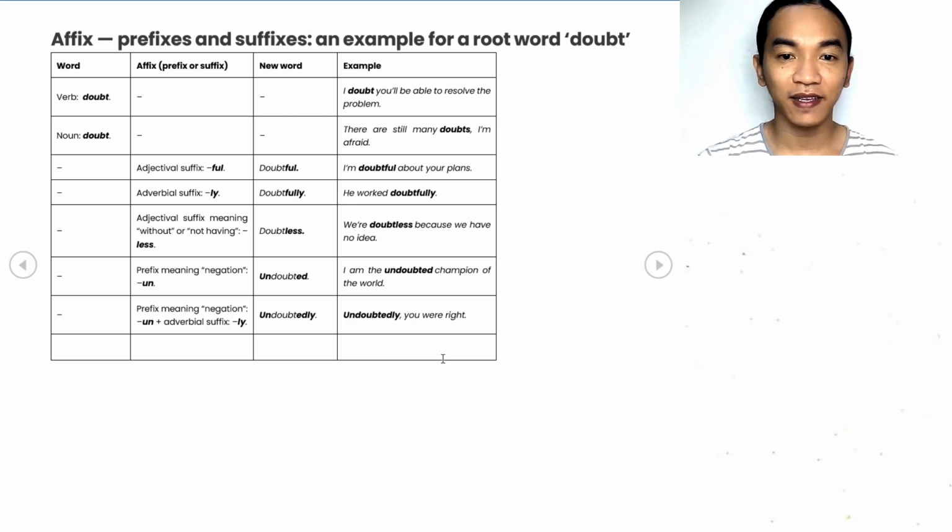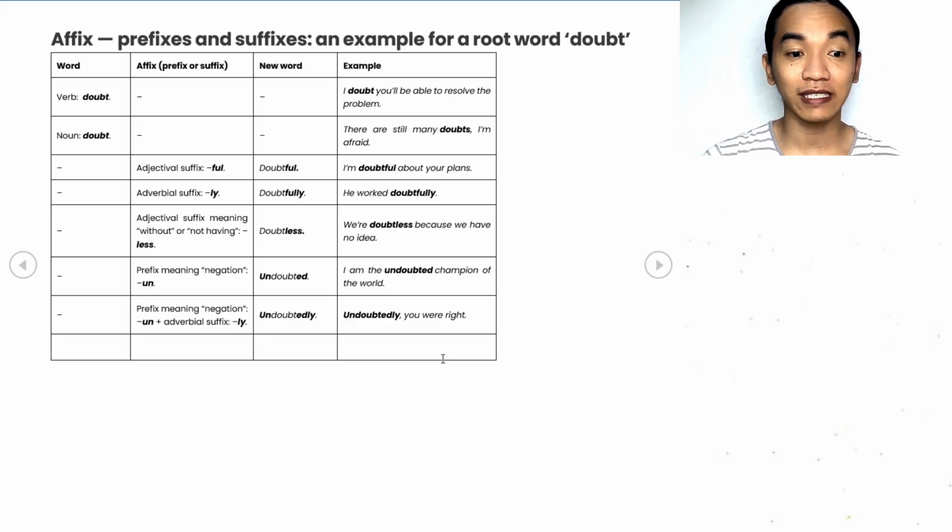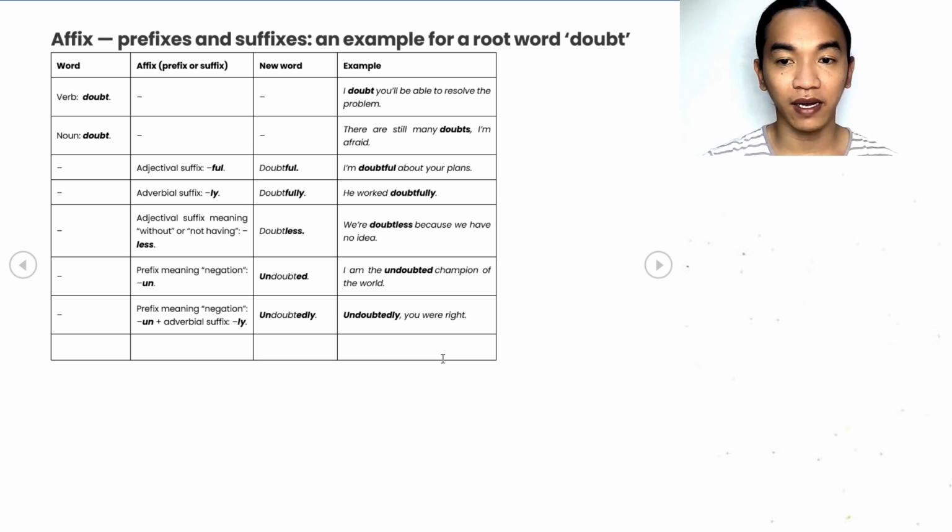Now, let's add the adverbial suffix ly. Doubtfully. So he worked doubtfully. Then an adjectival suffix meaning without or not having, which is less. Doubtless. We're doubtless because we have no idea.